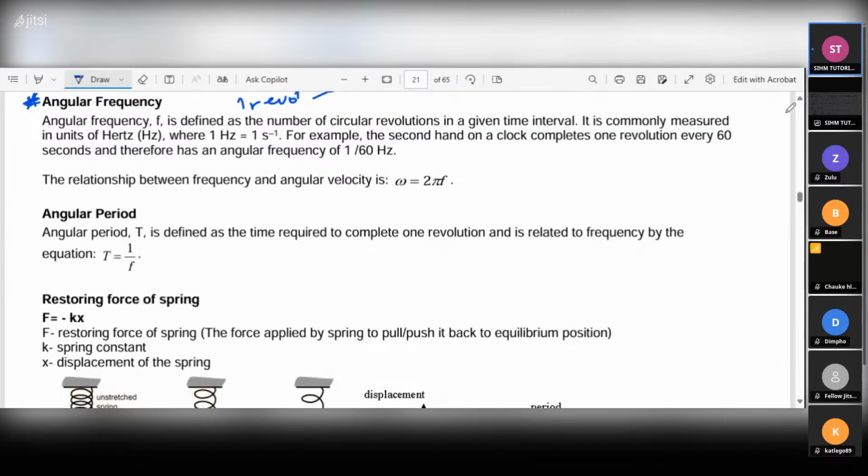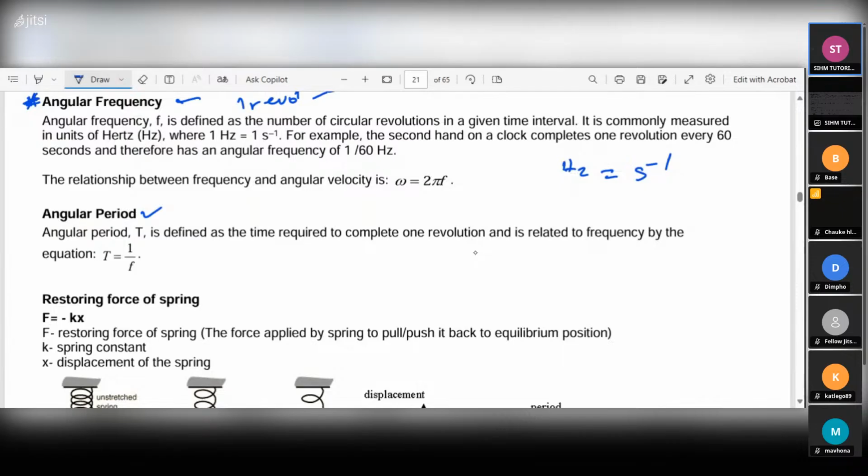So here we have angular frequency, defined as the number of circular revolutions in a given time. It still has an SI unit, which is per second. Here we'll be focusing on the frequency and the period. The period is the time taken to complete one revolution.